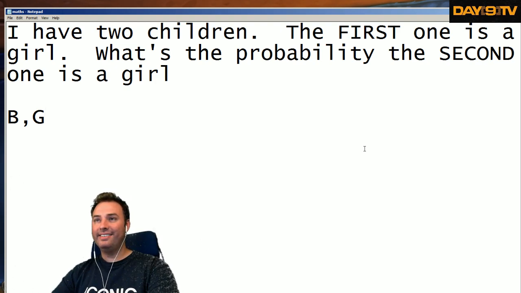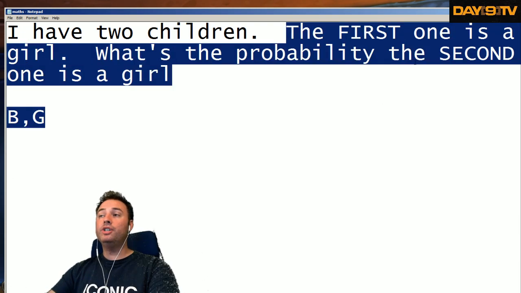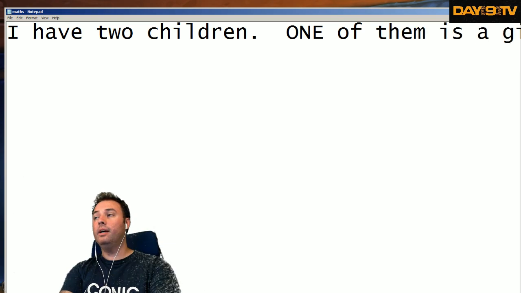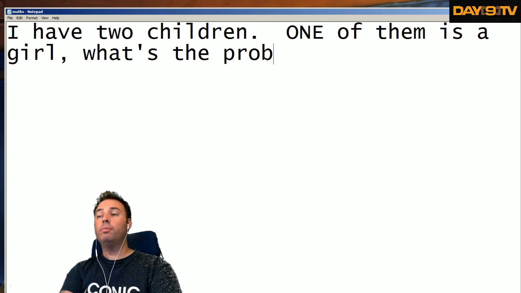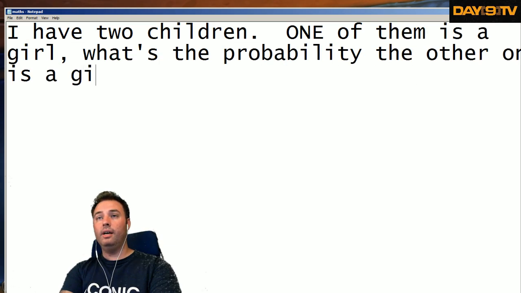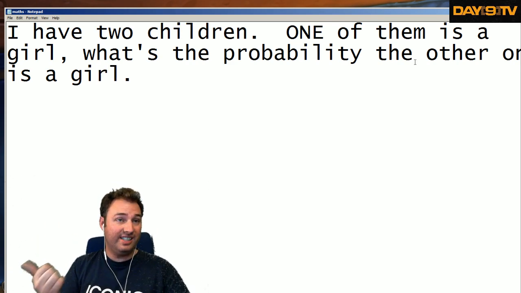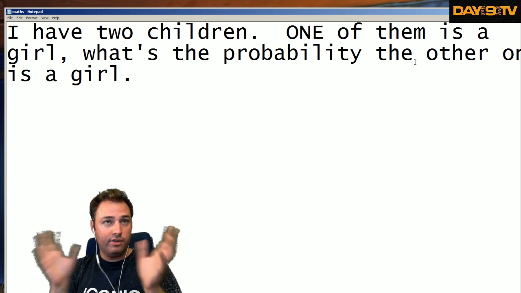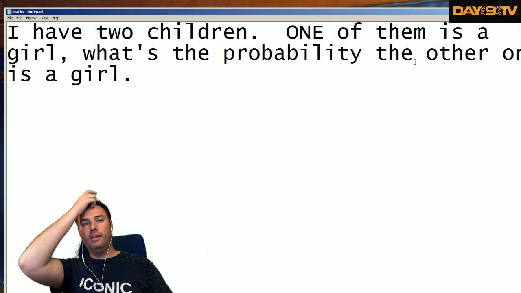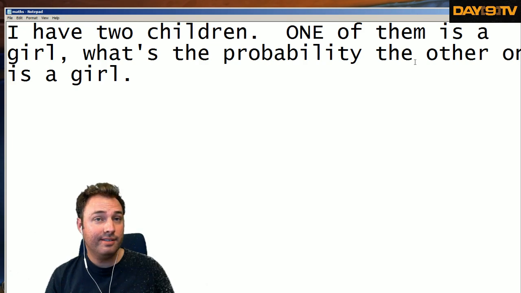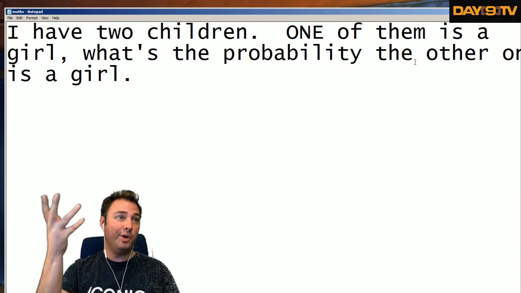Right? But if I say I have two children, one of them is a girl, what's the probability the other one is a girl? You don't know if the first one was the girl or the second one is the girl, and this is why things get messed up. This is how the brain gets totally ruined.